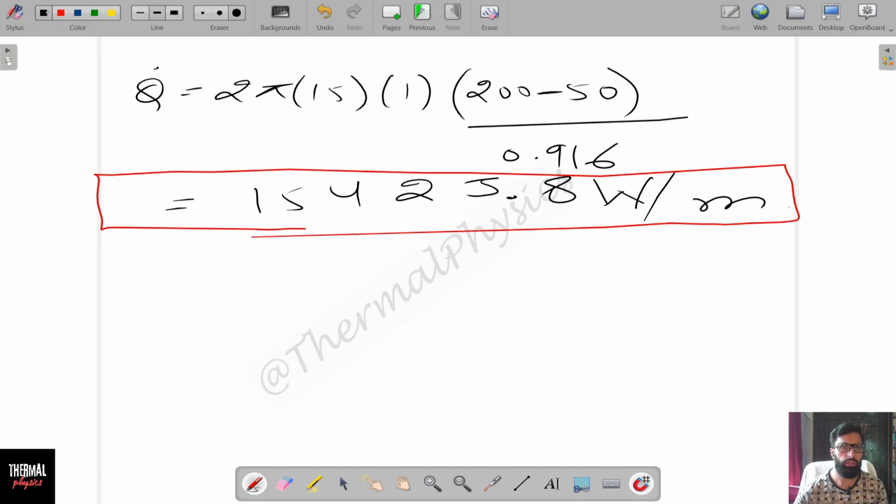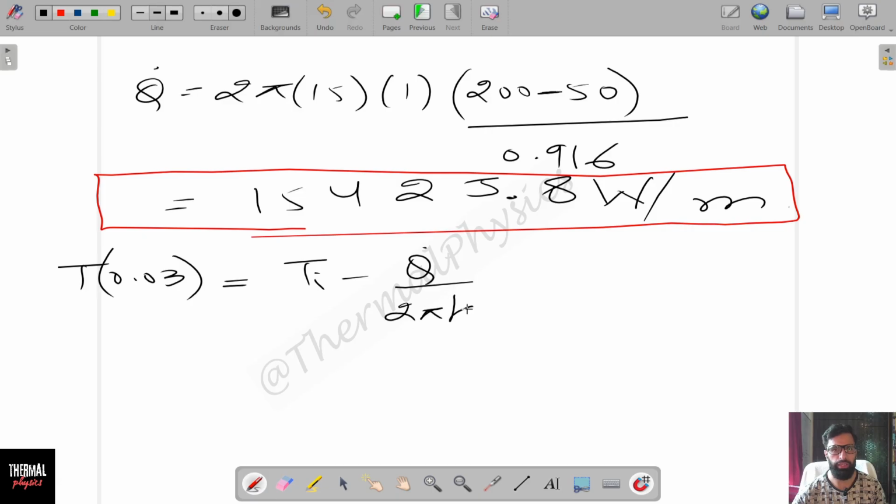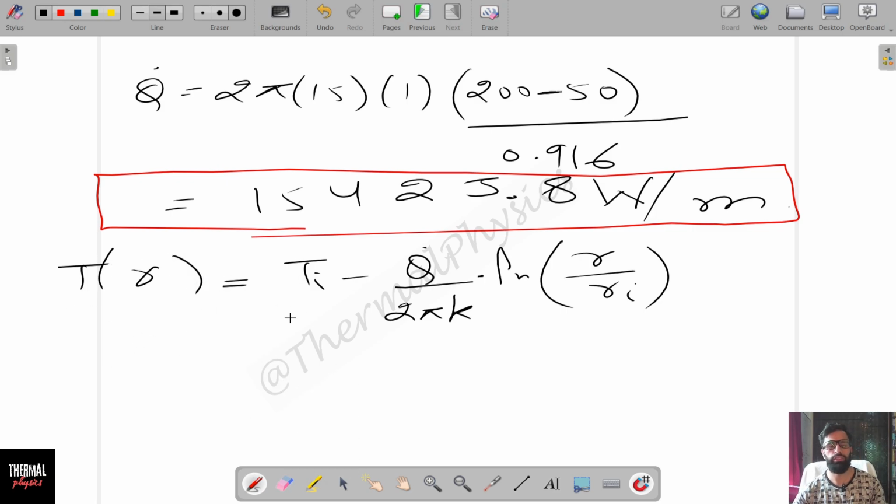Now moving on, we have to calculate the temperature at a radius of 0.03 meter. So it is T initial minus this heat transfer rate that we have found divided by 2 pi k ln of r by r inner. This is the temperature distribution along the radial direction.